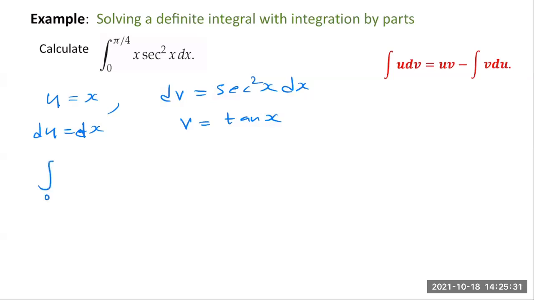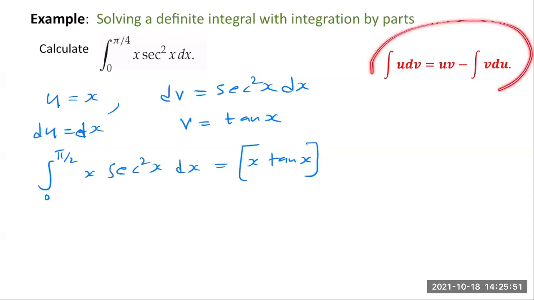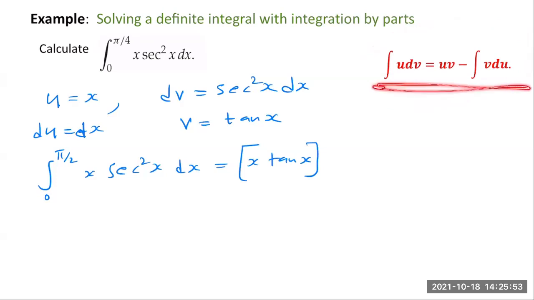This will give me, 0 to pi over 2, my original integral is x times secant squared x dx. That's equal to u times v, that is x times tan x. You have to put the limit. Don't forget to put the limit. Actually, this is not the right formula. I need to put the formula with limit.